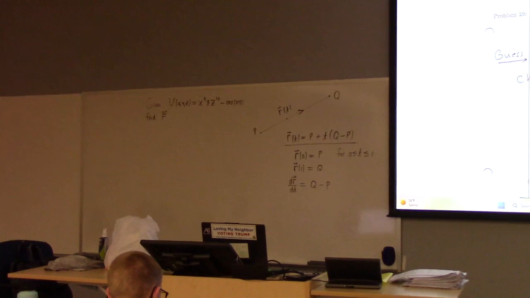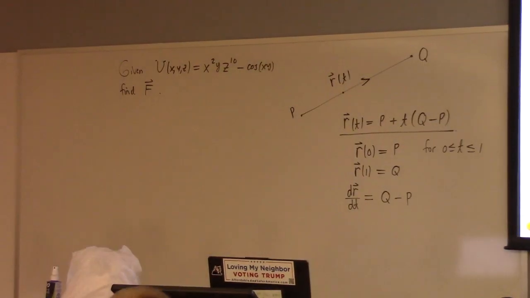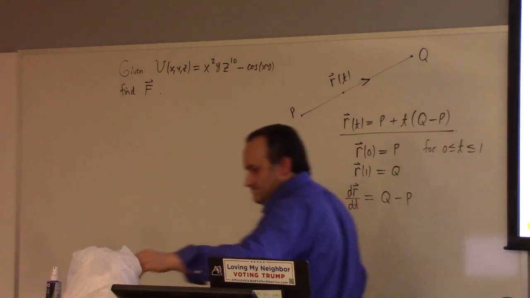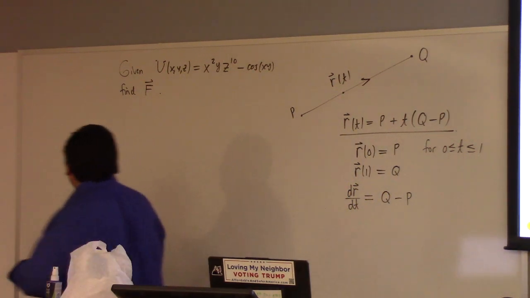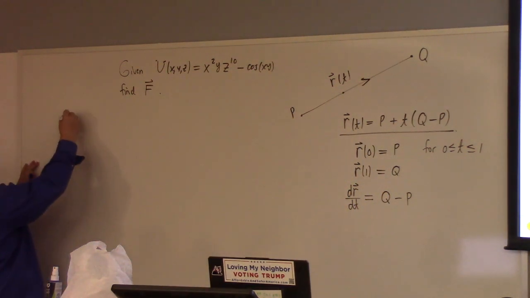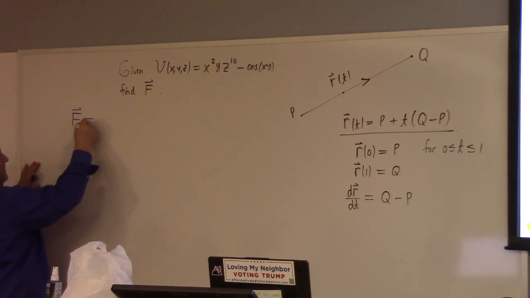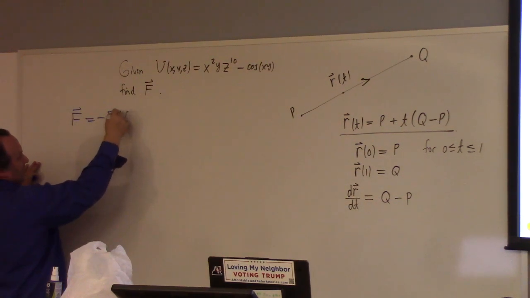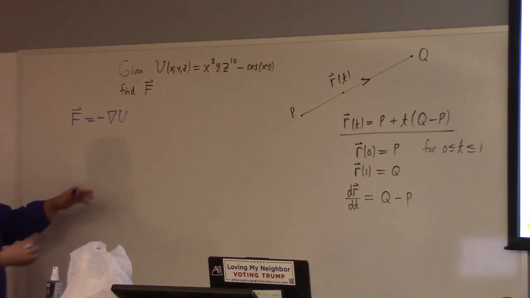Could we solve this problem? How do we solve this problem? We need to know what the force is. If it's a conservative force, it is minus the gradient of the potential energy function. What does that mean?